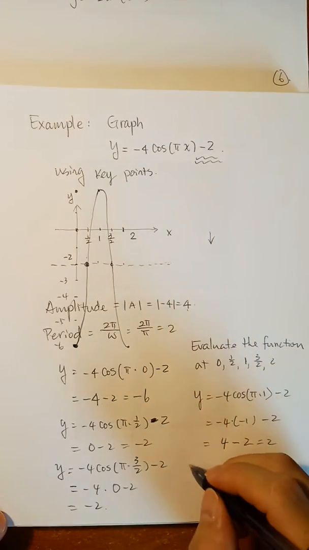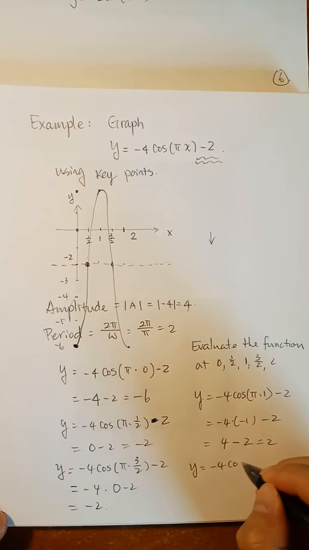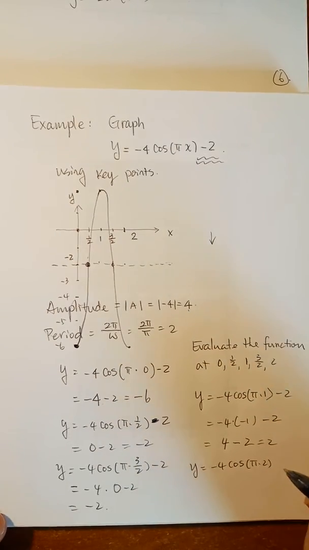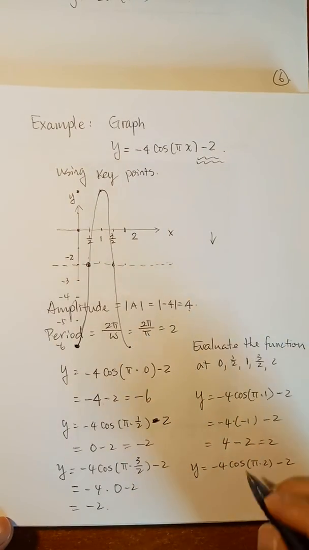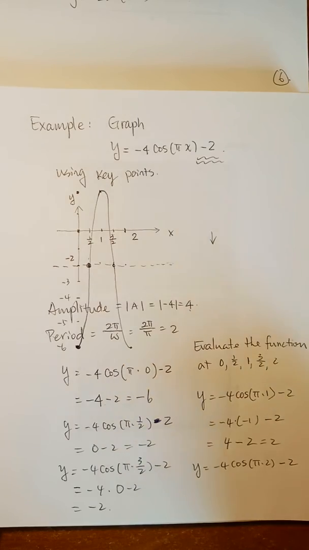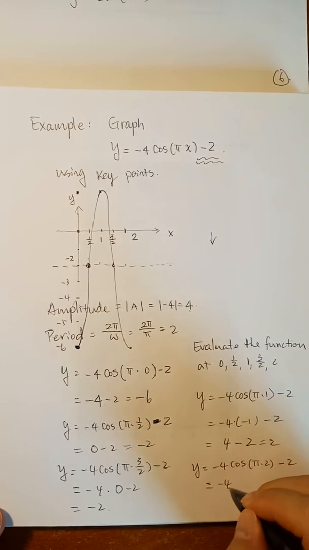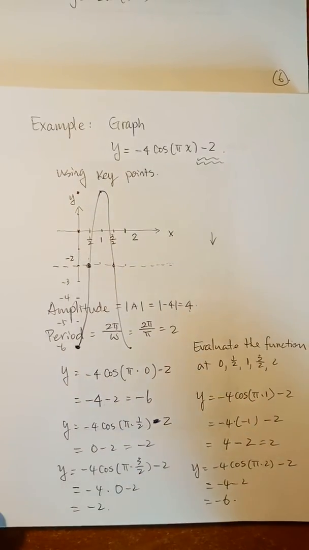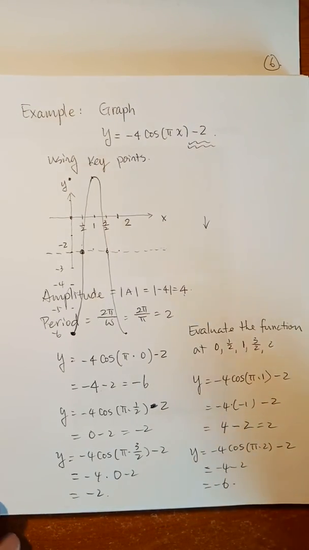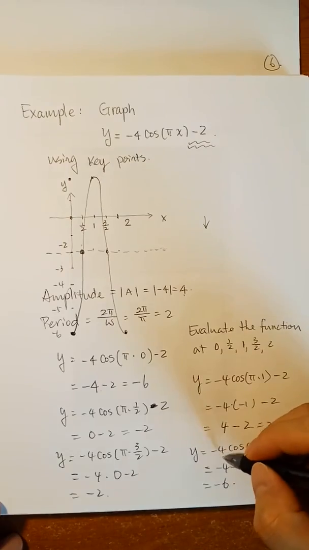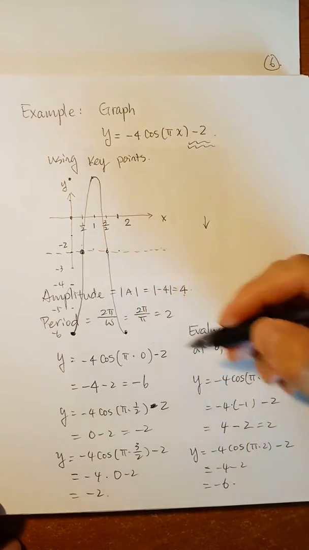And then when you get y equal to negative 4 cosine pi times 2, cosine 2 pi is positive 1, so this negative 4 minus 2 is negative 6. Okay, so that's why it is back here. You have negative 4, so you flip the positive 1 to be the negative 4.